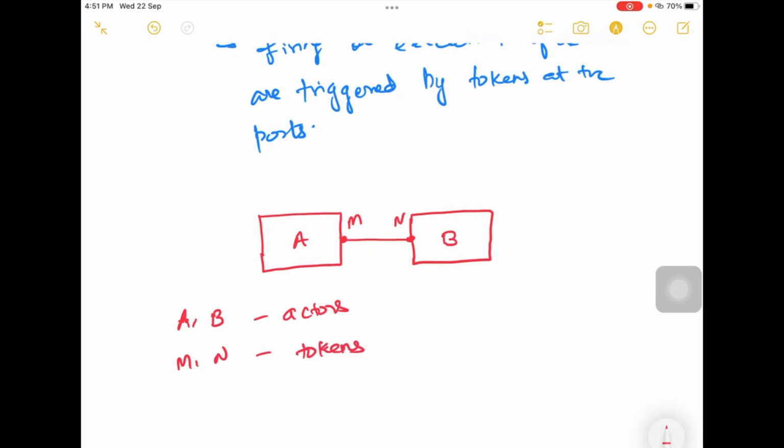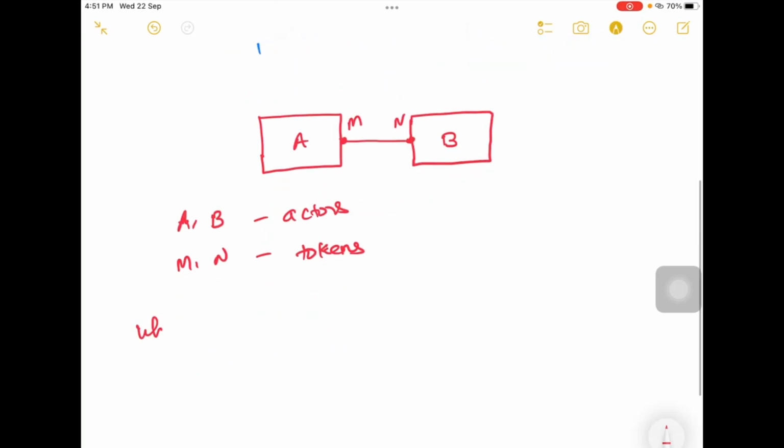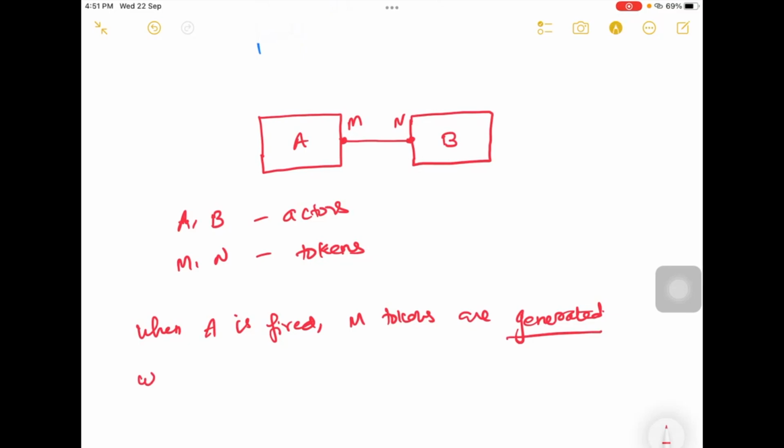The condition here is: when A is fired, M tokens are generated, or we call it produced, at the output port.